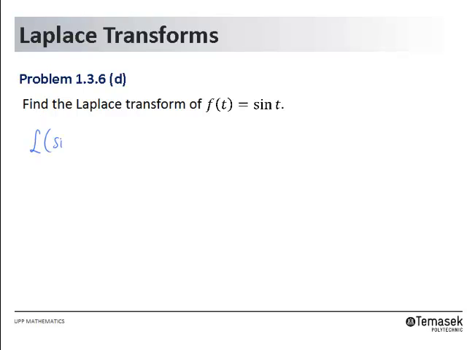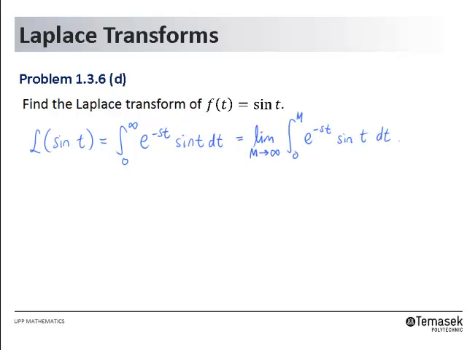Next, we discuss the Laplace transform of sine t. By definition, the Laplace of sine t is the improper integral from 0 to infinity of exponential negative st times sine t dt. Now we write this in terms of the limit.